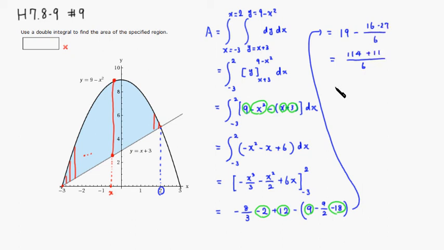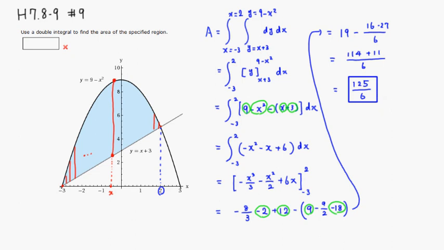So this is going to be 125 over 6. That is the area of the shaded region.